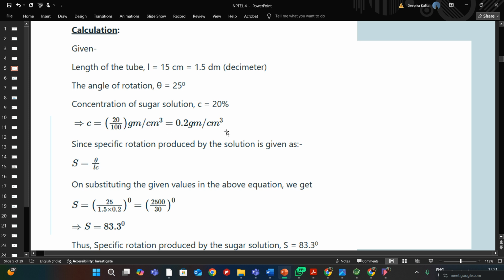Okay, so you have to remember the standard units of the values which you have to put in the formula. Otherwise, you will not end up getting the correct angle of rotation or correct specific rotation values. Hence, the value of specific rotation which we will get is 83.3 degrees. I hope this was easy for you. Then let us move to the next question.